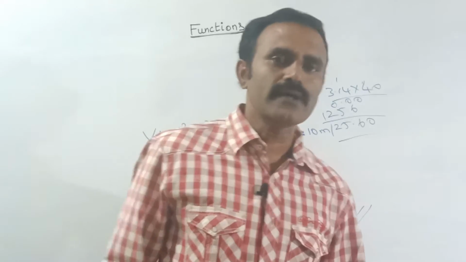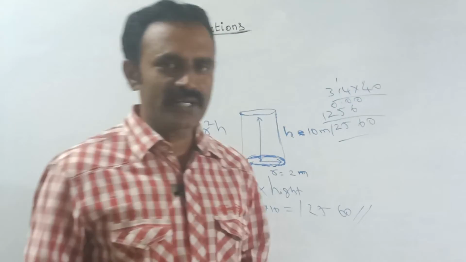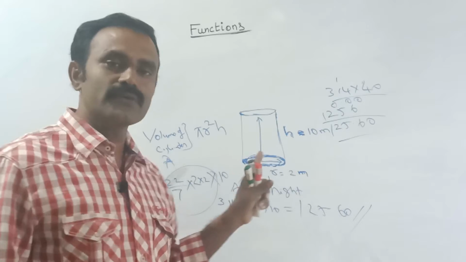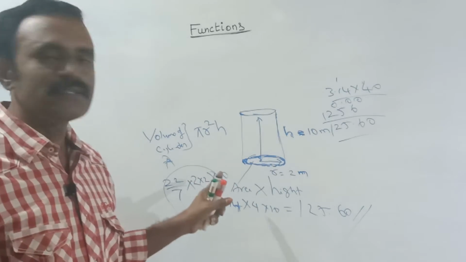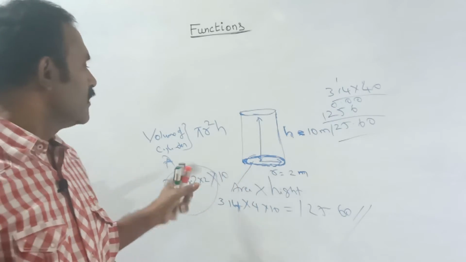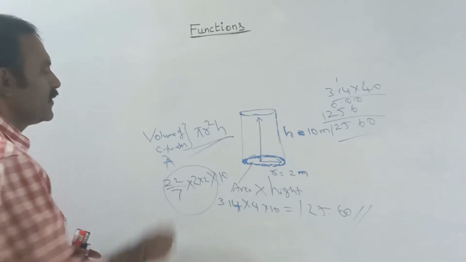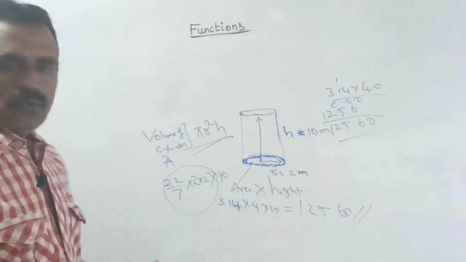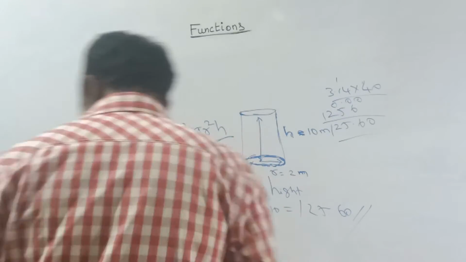Now we are going to write the program, a user defined function, to find the volume of the cylinder. So this is the logic. By using this formula, we are going to write the code, the user defined function.